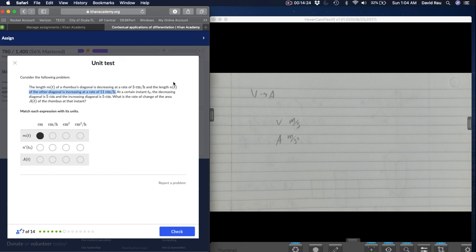They're telling us n'(t) is always 11 centimeters per hour. So n' at t equals 0, or really n' anywhere, is going to be given in centimeters an hour. And last but not least, what is the rate of change in the area? That's what we're looking for, but notice this is just the area formula itself, and an area formula itself is units squared. This is not A'(t). If it was A'(t), we would choose this box.